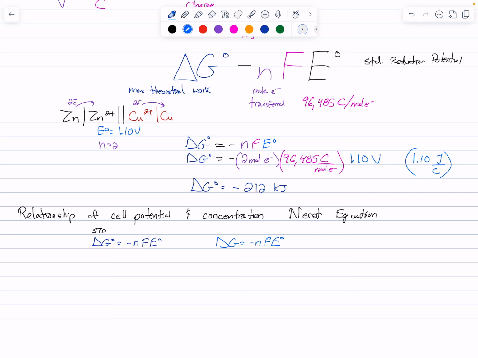Now, to derive this, we're not going to do that. I'm not going to do that to you. We're just going to have E, which is the observed cell potential.